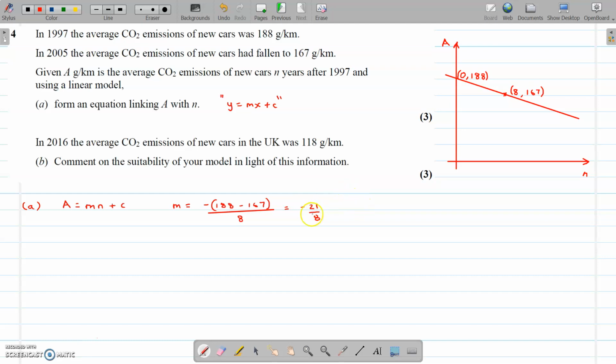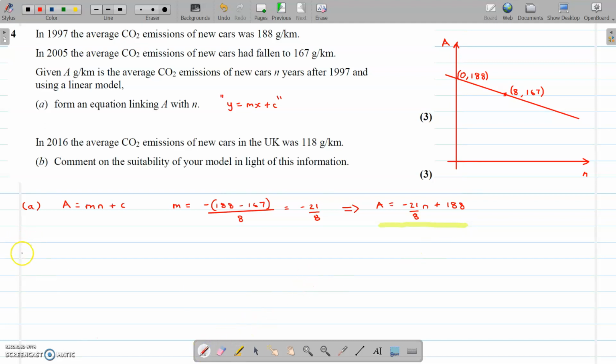Okay, so the equation that we want is that A equals negative 21 over 8 N plus 188. Okay, so you must use the correct letters there as given in the question.